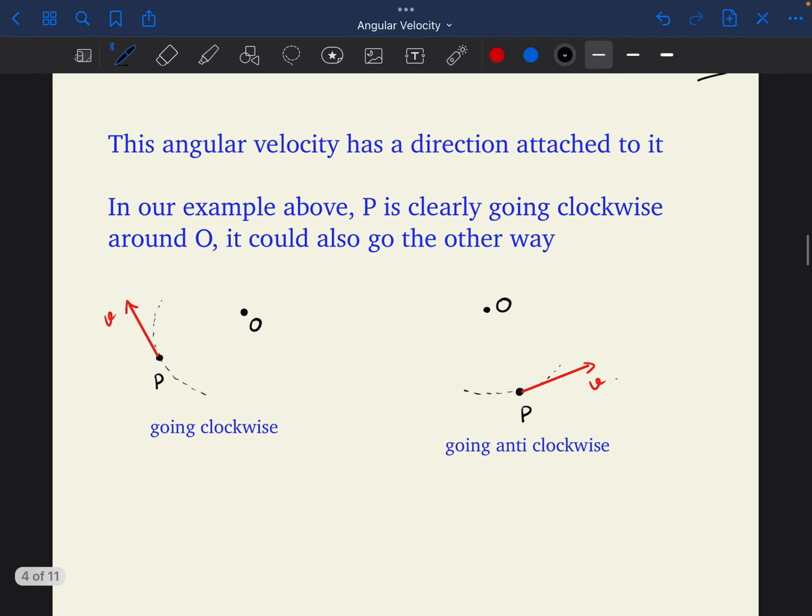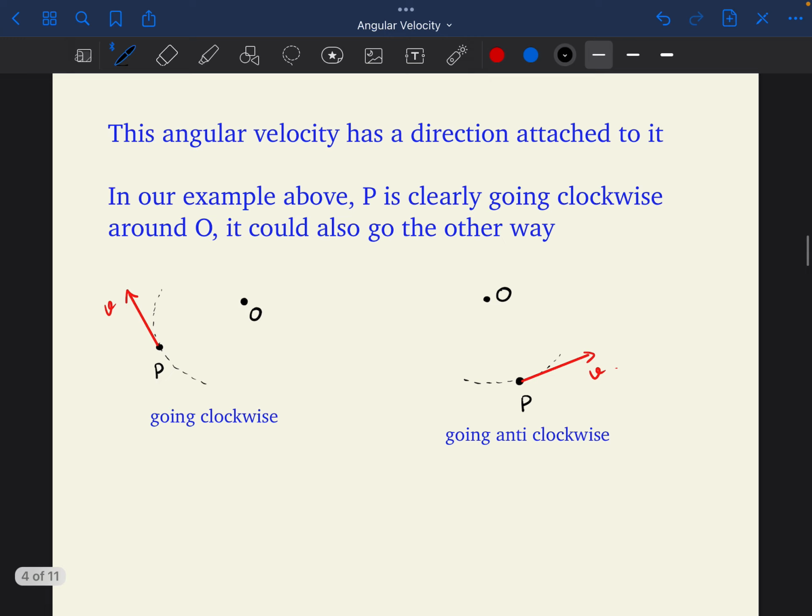And with magnitude, it also has a direction. So there can be two ways of rotation, and we call those two ways of rotation clockwise or anti-clockwise. So we are only talking about a point moving in a plane. The point is never leaving its plane. So in this planar motion, there can be two simple directions in which that rotation can take place.